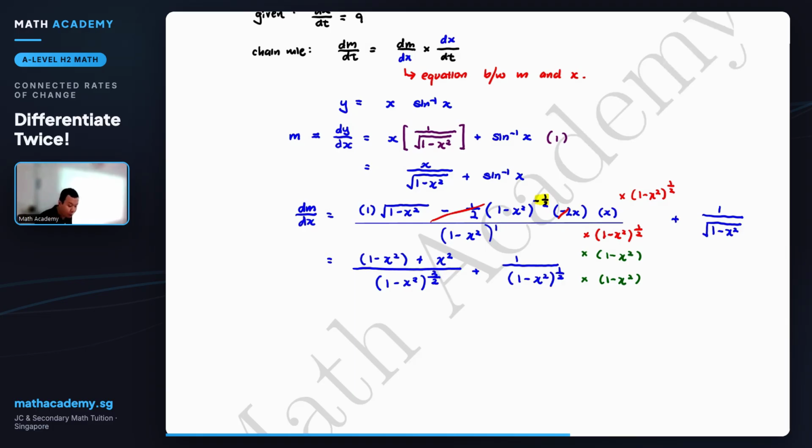So it's lacking a power 1. Some cancellations on the left, there's a negative x squared, there is a positive x squared, both will cancel out. So I'm left with 1. Denominator, the whole thing becomes power 3 over 2. And I continue to add another 1 minus x squared.